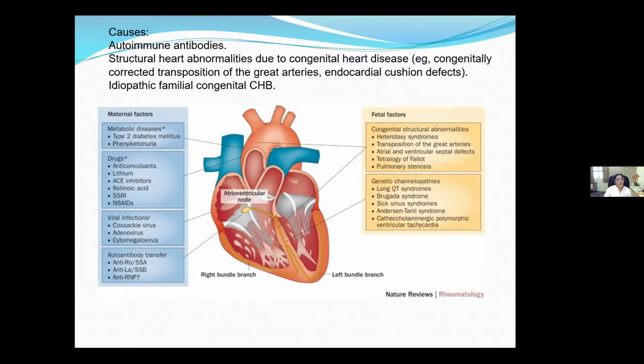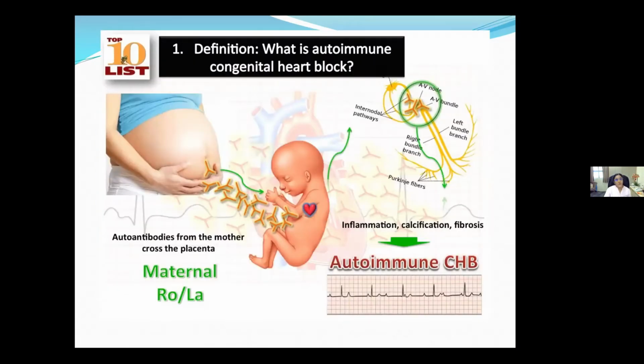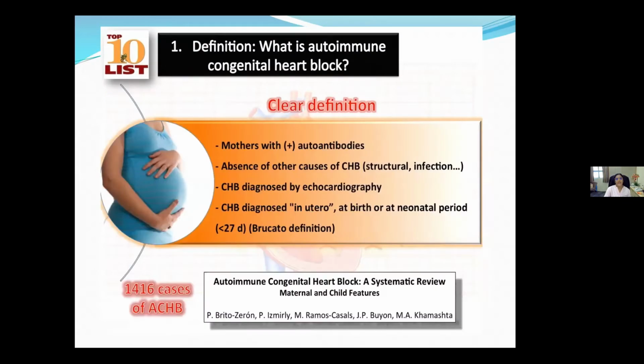This is called autoimmune congenital heart block. What happens is autoantibodies from the mother cross the placenta and affect the fetal heart. They affect the atrioventricular node in the fetal heart, and then there could be inflammation, calcification or fibrosis, and hence there is complete heart block. This could be because of the mother having the anti-Ro and anti-La antibodies.